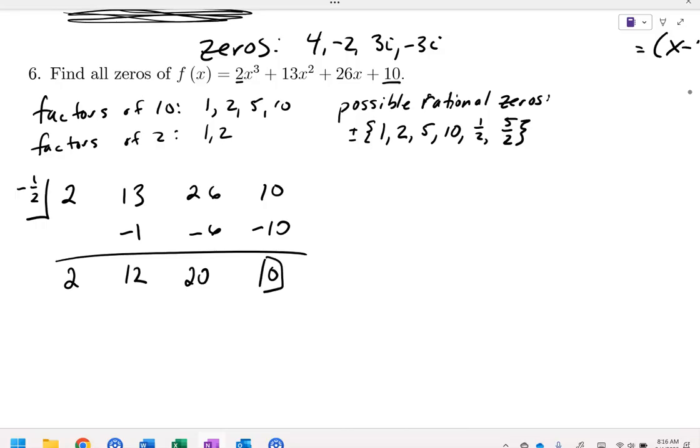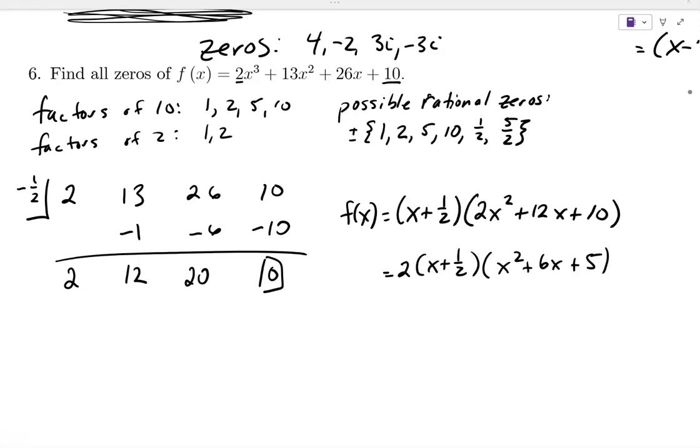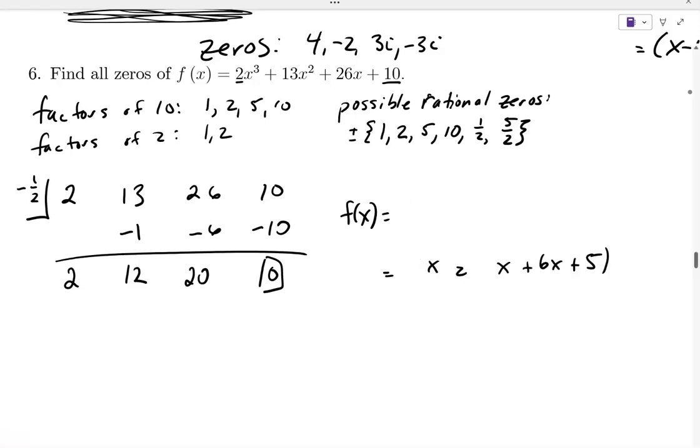So, in fact, negative 1/2 is a zero. So right now, we have f of x is equal to x plus 1/2 times 2x squared plus 12x plus 20.